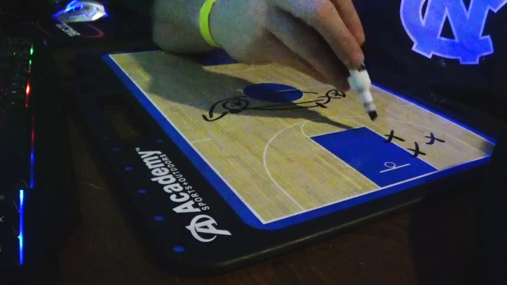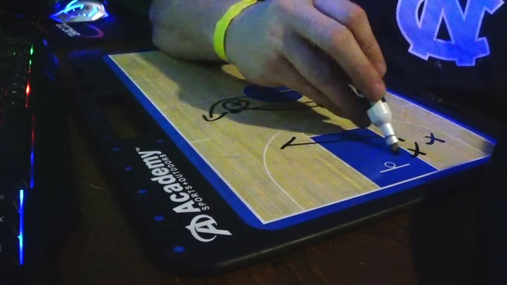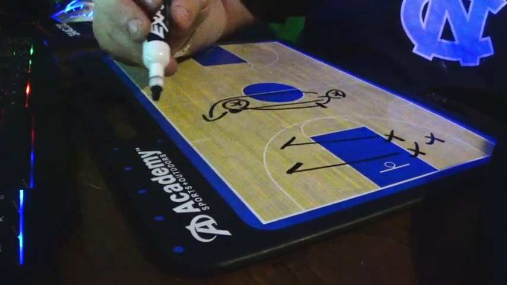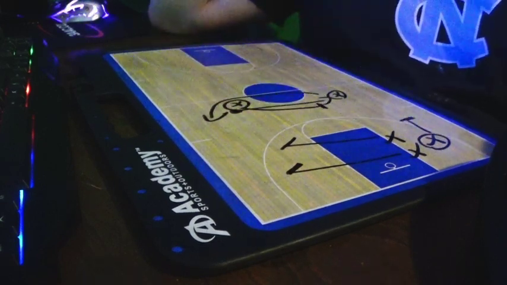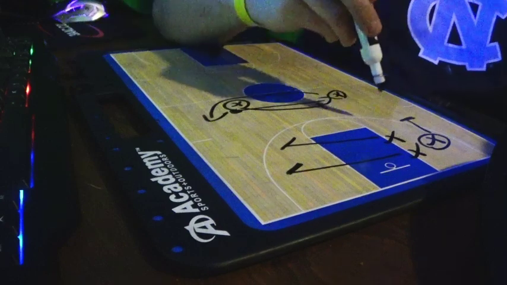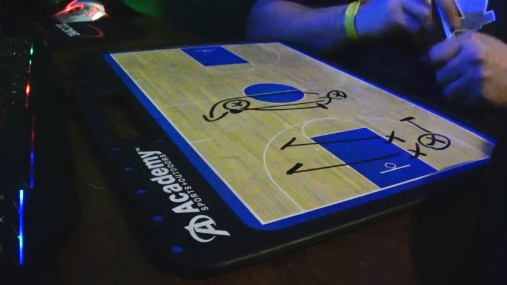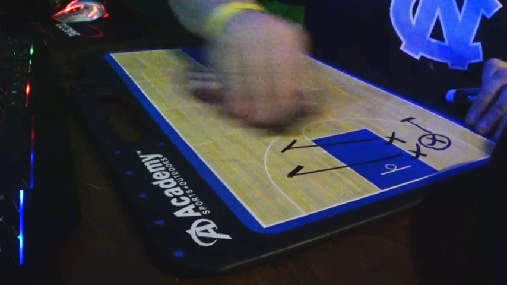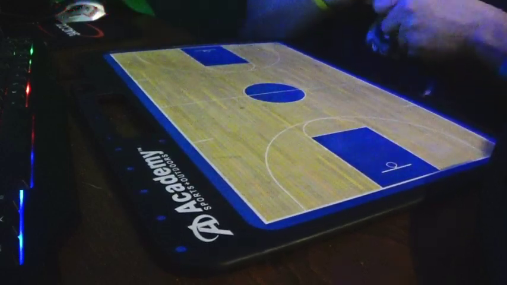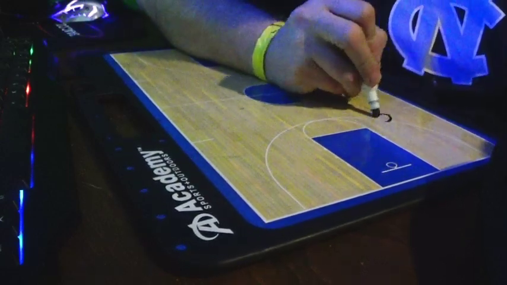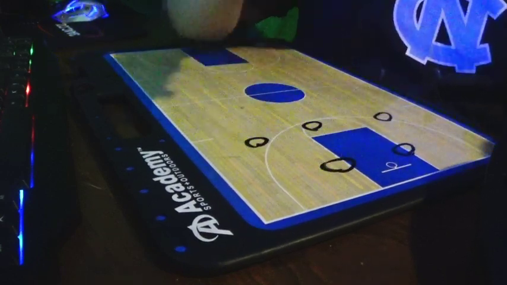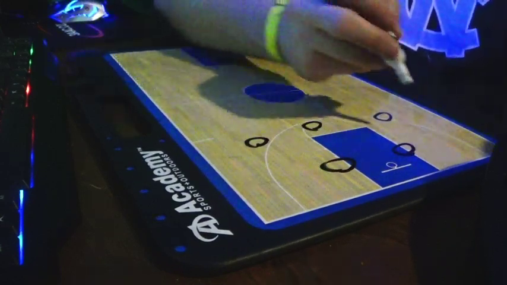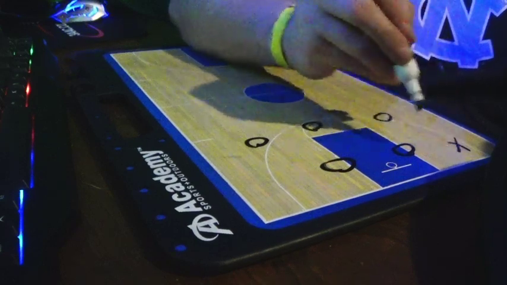On the way of a dribble out, reach up, reach across. This guy is away from the ball. Okay? Now, we're going to draw it up against the defense. Against the 3-2. Okay. So we're going to have our guys here.